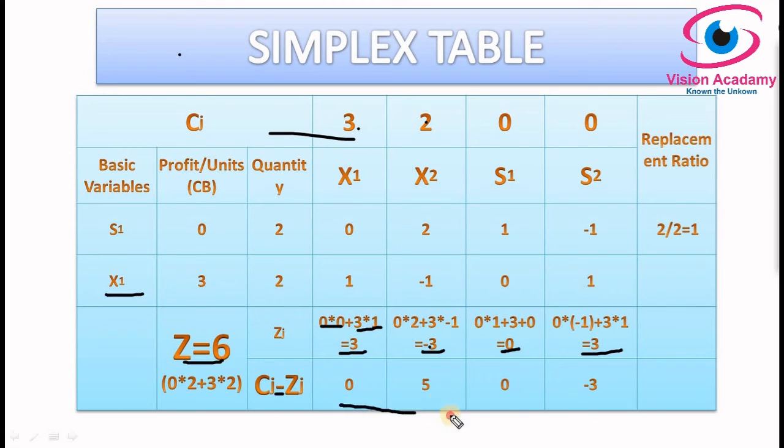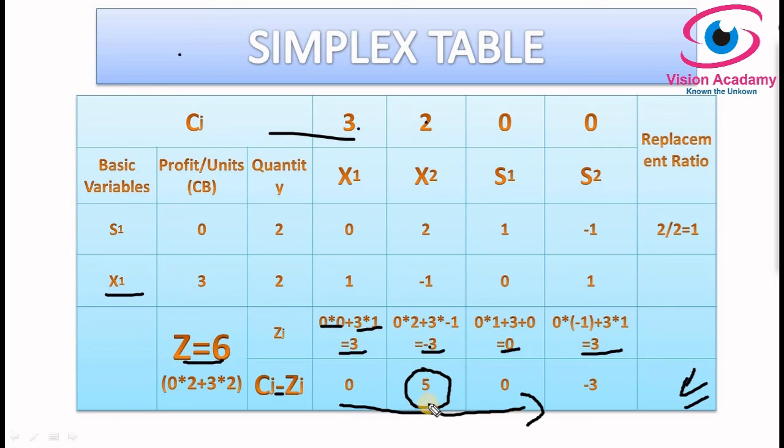Now we have to check the optimality condition. What does the optimality condition say? All cj minus zj must be lesser than or equal to 0. So we are not supposed to have any positive value.